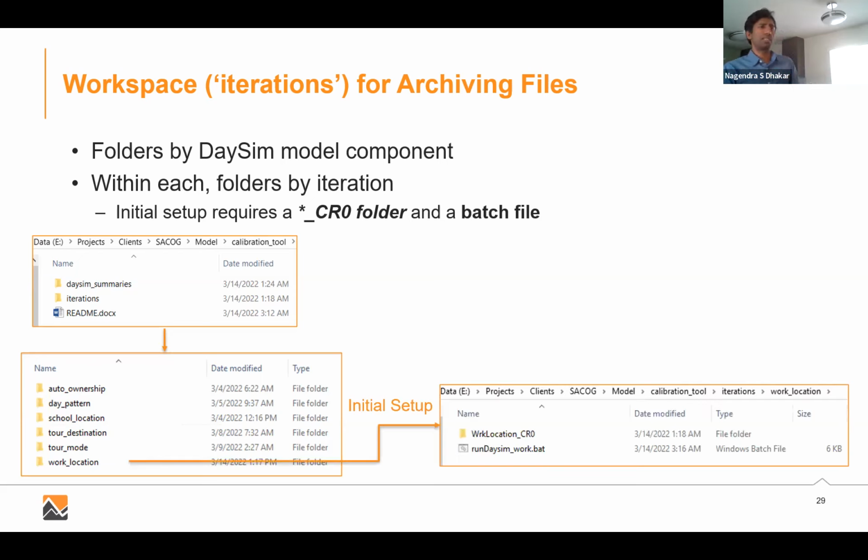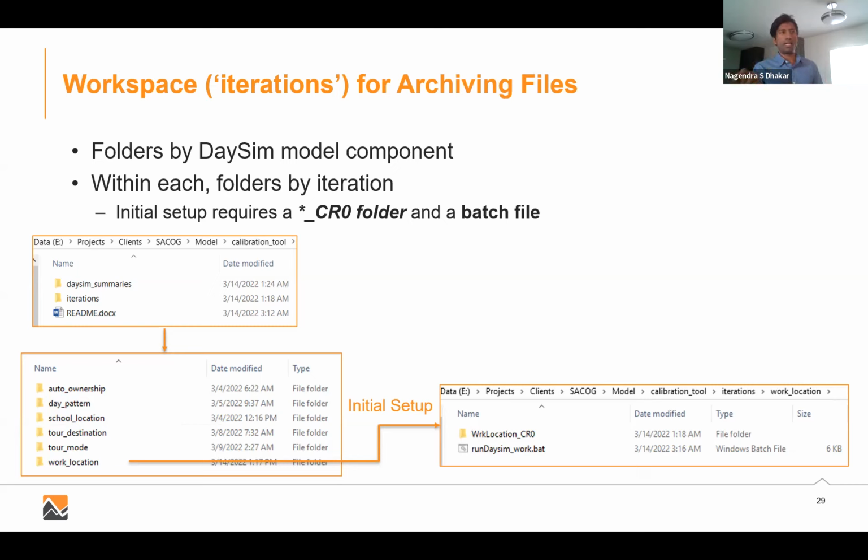Then within each folder, there is always an initial setup requirement. You need to have a batch file which automates the calibration process for that particular model component. And you also need to have an initial folder, CR0. Here is an example of the work location choice model calibration, where you will have work_location_CR0.